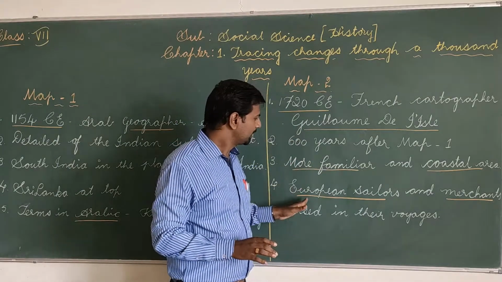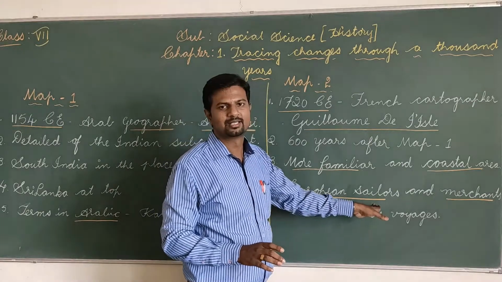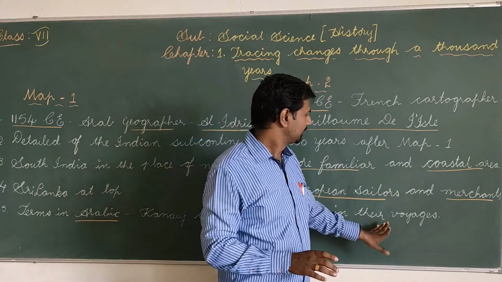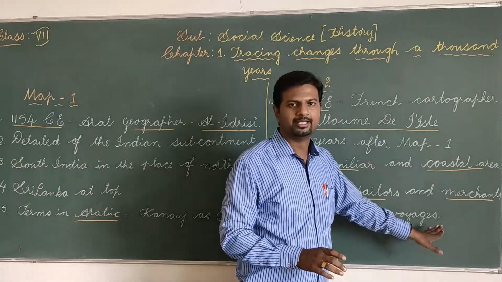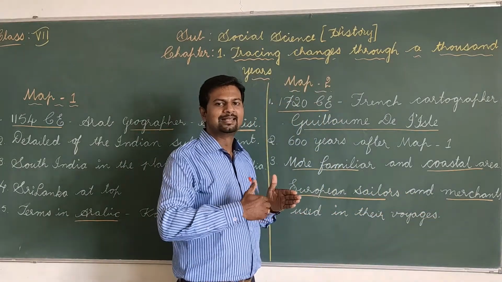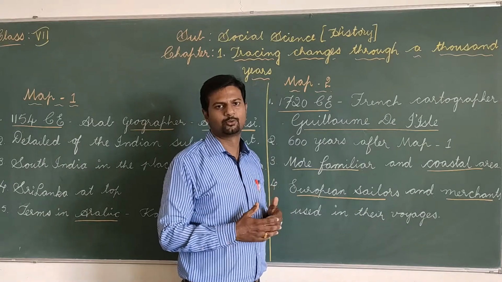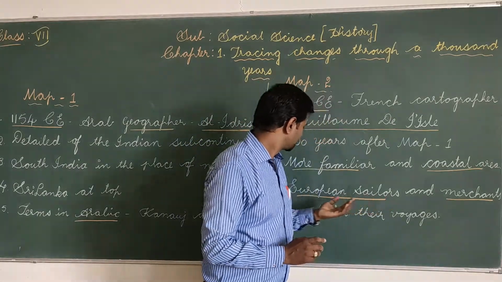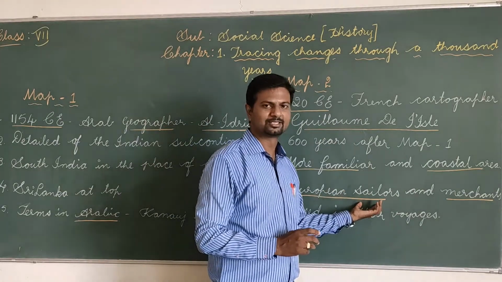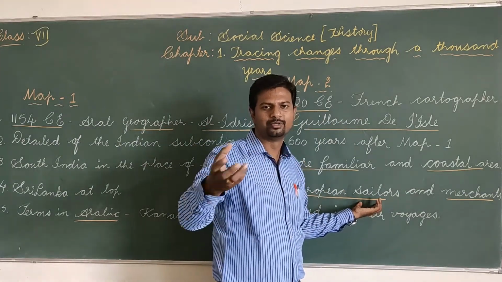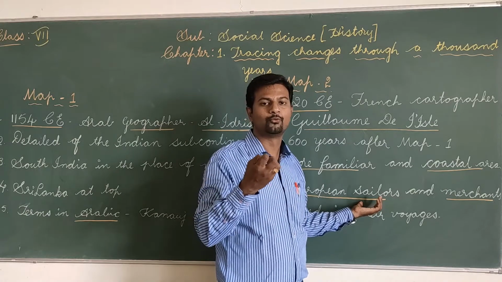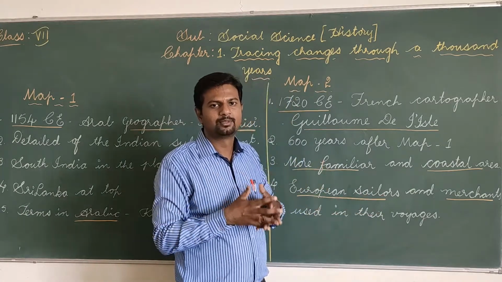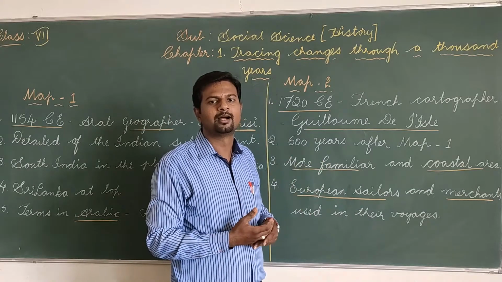Okay, next one: European sailors and merchants used them for their voyage. Voyage means one who sails in ships, one who travels on ships. So it is called a voyage. European sailors who wanted to visit India, who knew about the Indian wealth, wanted to grab it and wanted to trade with India.